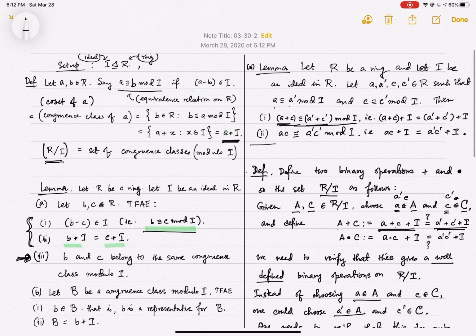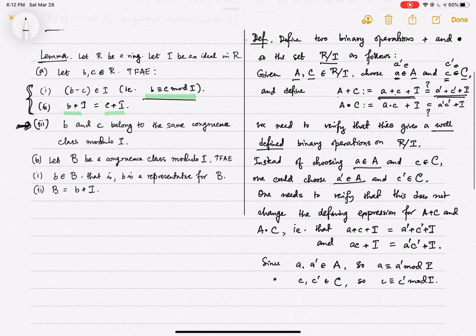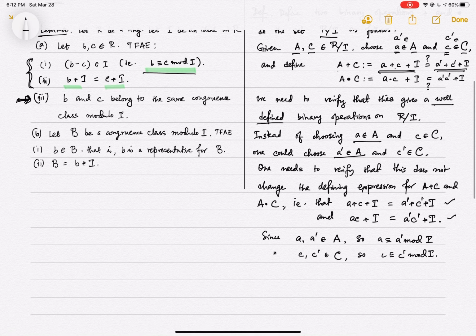And then this lemma up here exactly gives you what you need. It tells you that the coset of a plus c is the same as the coset of a prime plus c prime, and the coset of ac is the same as the coset of a prime c prime. So it gives you these things.